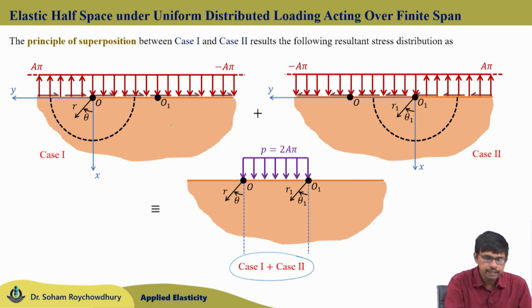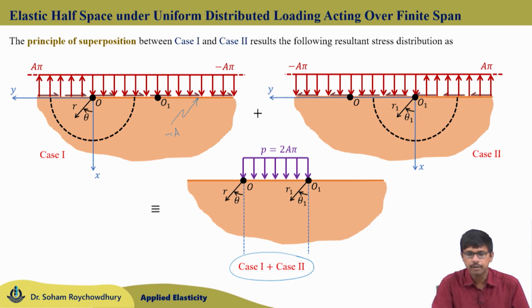And as for case 1 we were having a shear load of intensity minus A, and for case 2 we are having a shear load intensity of plus A, they would cancel each other. Thus, the superimposed solution is not going to have any kind of shear loading.